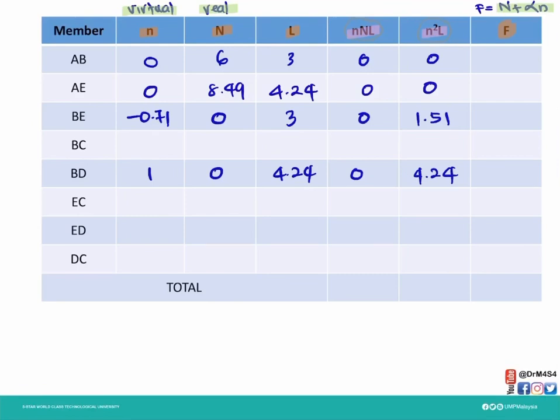So repeat the same procedure for each member.